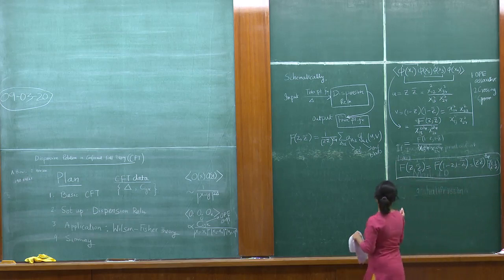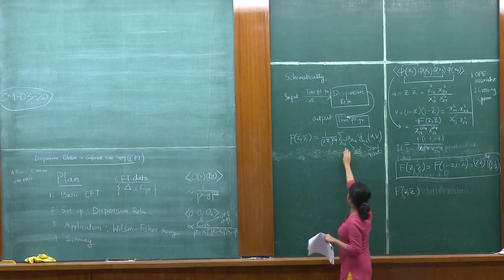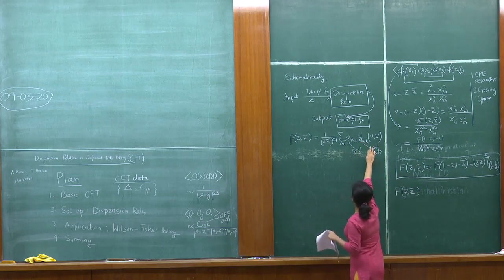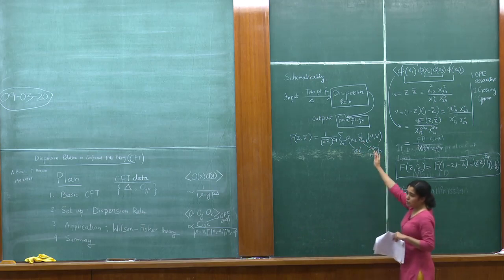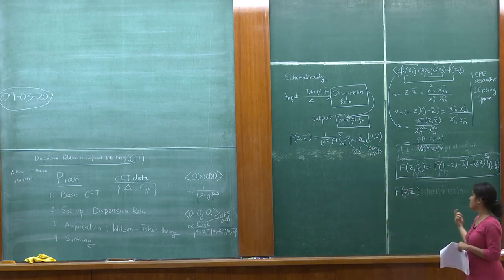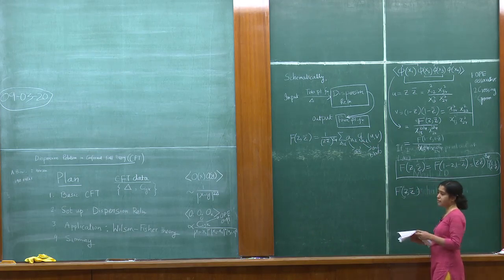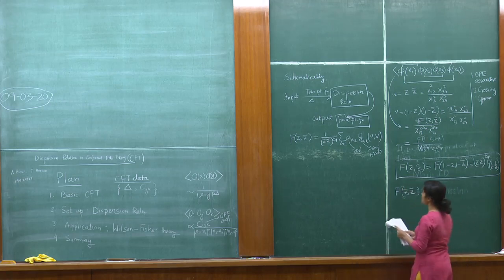Now let us analyze the S channel conformal correlator. You can just use this expression. This is a conformal block, whose closed form expression is not known in any dimension. It is known exactly in 4 dimensions, and there are recursion relations which allow us to compute it in other dimensions.